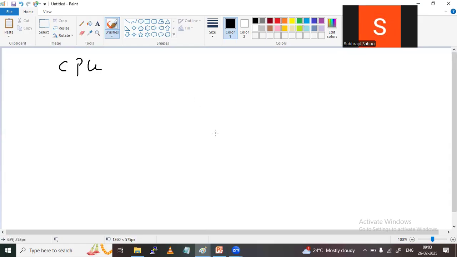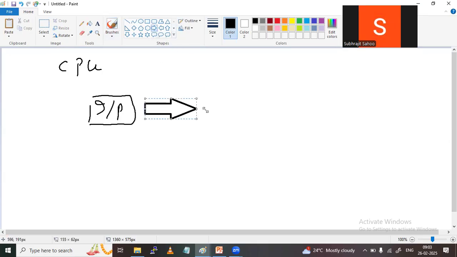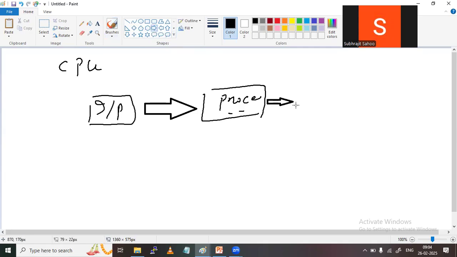Any information we give through this input device first goes to the processor. Then inside the processor some work is happening. Then finally we are getting the output.